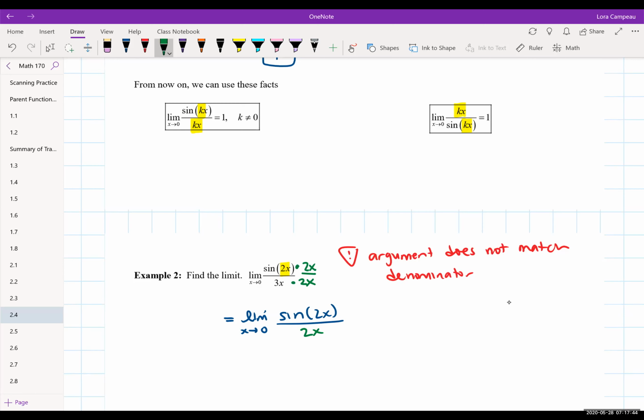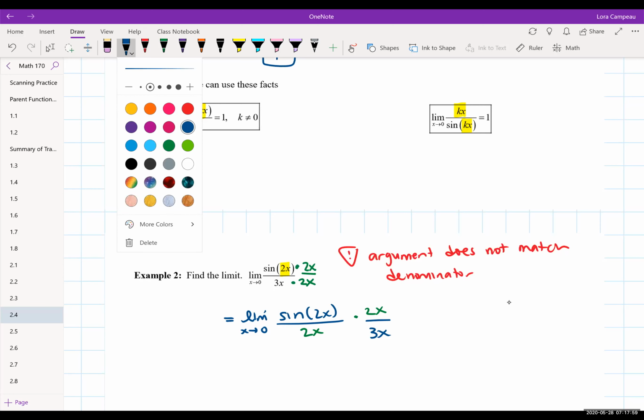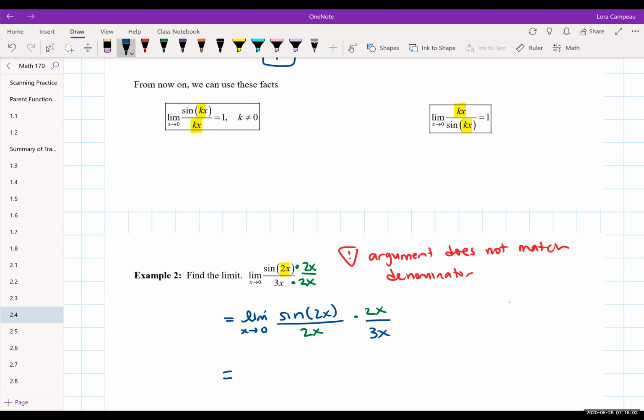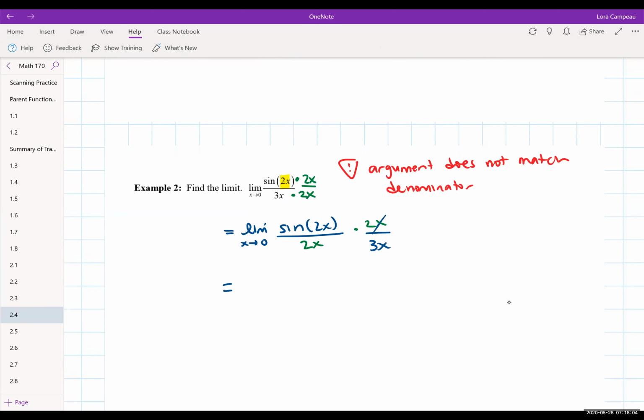And I'm going to keep the 2x in the numerator like we had, and then we're just rewriting so we see the 3x. So now what happens to those x's? Take a little time here. I see that the x's divide out.